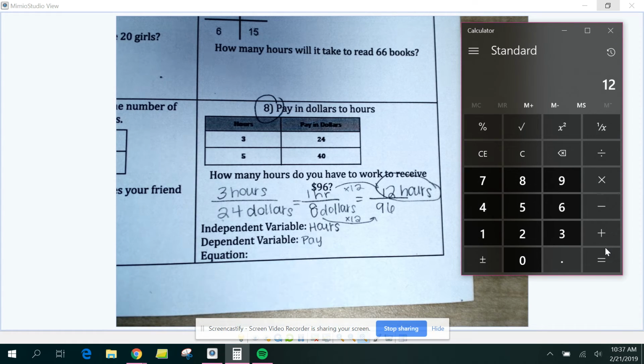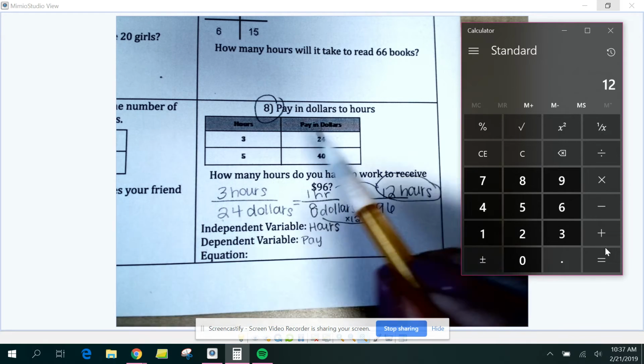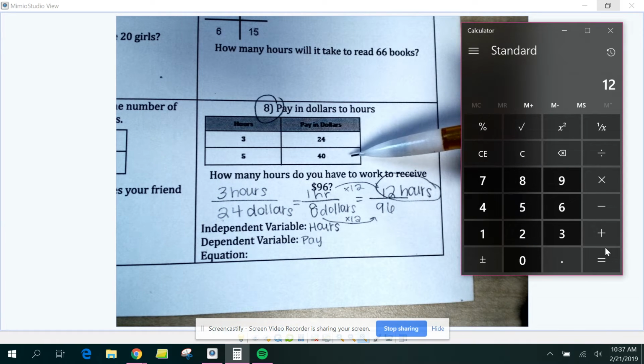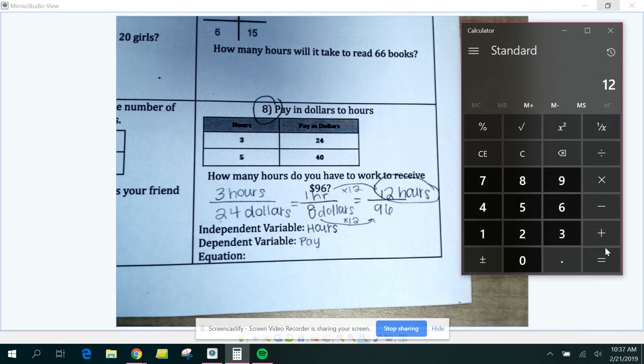Okay, then the equation, what am I doing to x? What am I doing to my independent variable in order to get y? Okay, so now I have to see, what did I do to 3 to get 24? What did I do to 5 to get 40? And you can double check on your calculator. 24 divided by 3, that gives me 8.